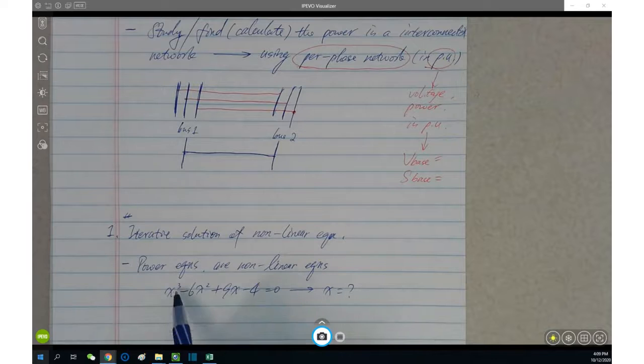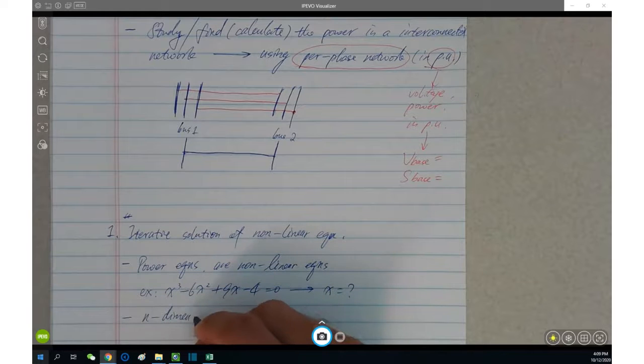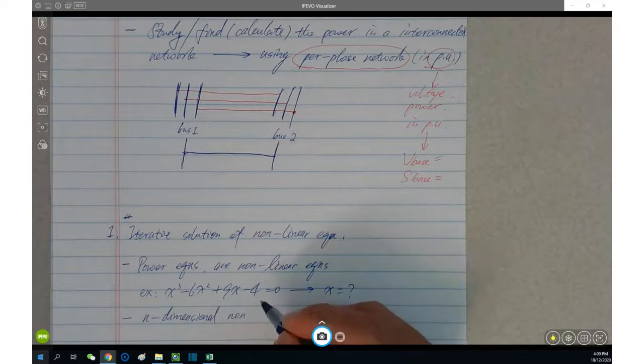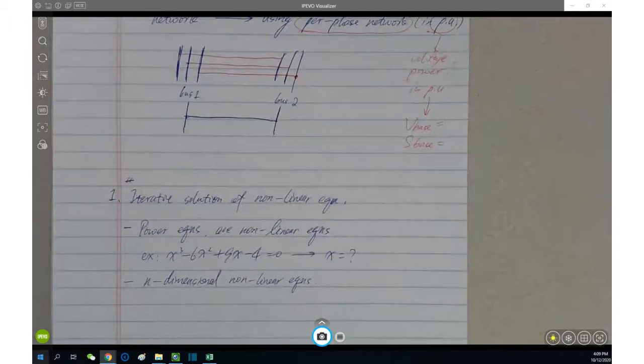For example, this is a typical nonlinear equation. Next is n-dimensional. What does it mean by n-dimensional, or n-dimensional nonlinear equations? What does it look like? Anyone can tell what it means? 1D, 2D, 3D, 4D, etc. This is dimensional.